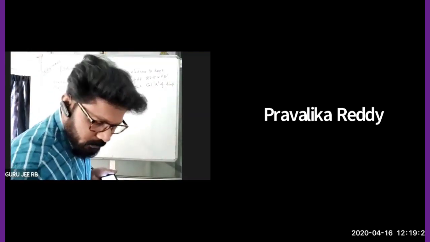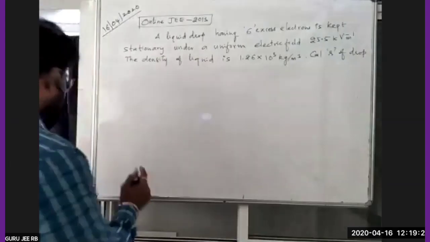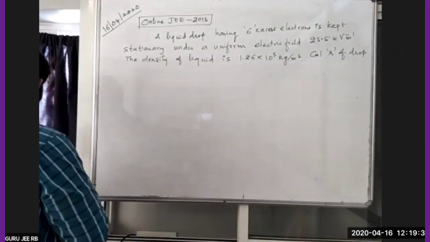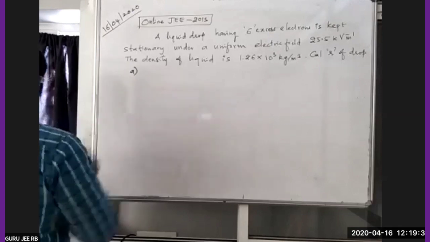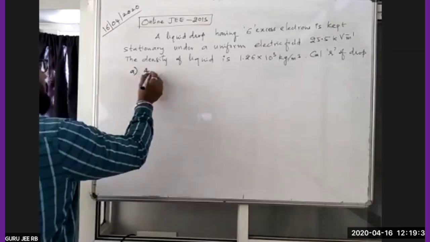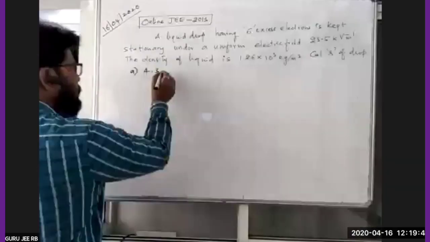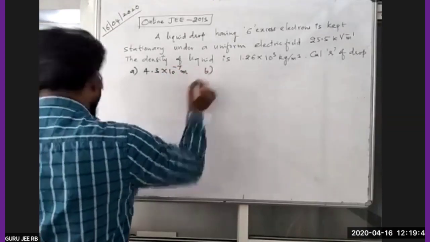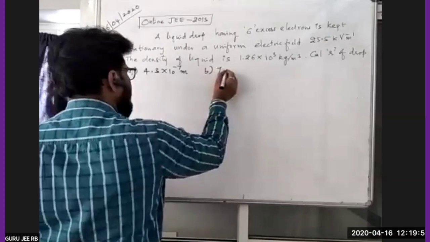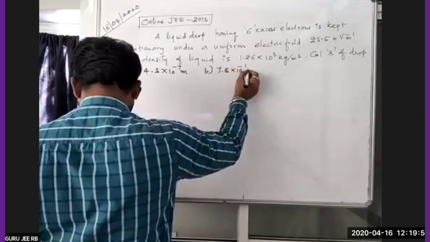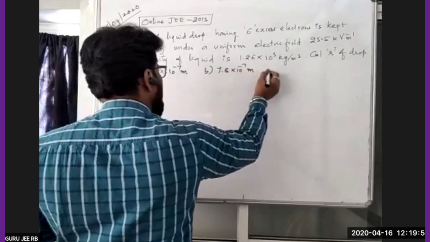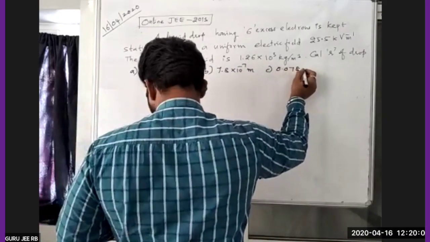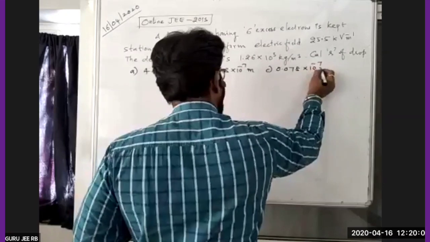Now, what are the options? Option A, 4.3 into 10 to the power of -7 meters. Option B, 7.8 into 10 to the power of -7 meters. Option C, 0.078 into 10 to the power of -7 meters.